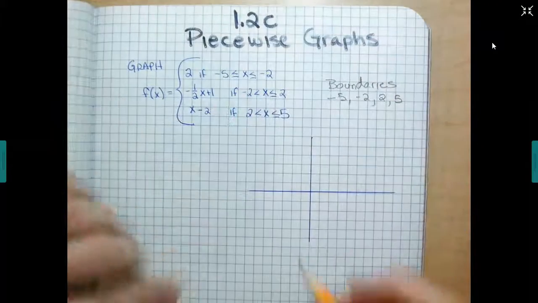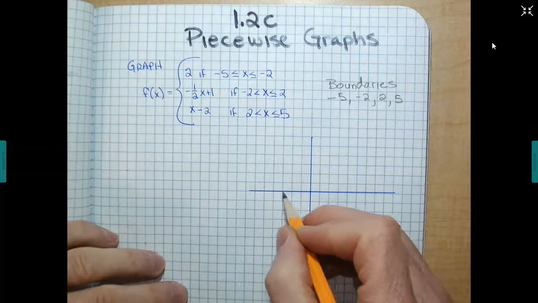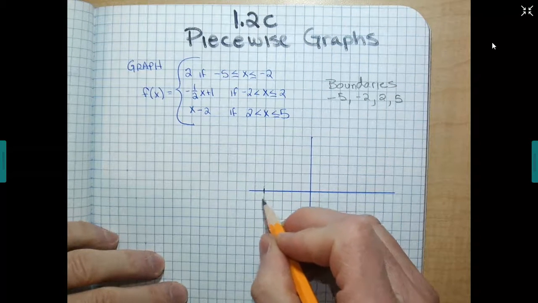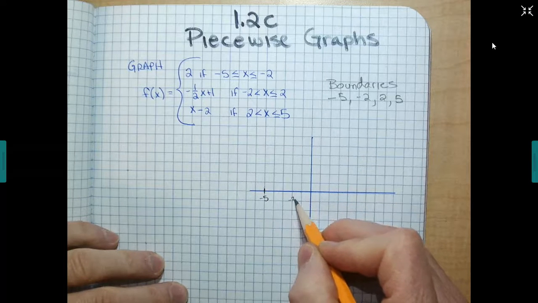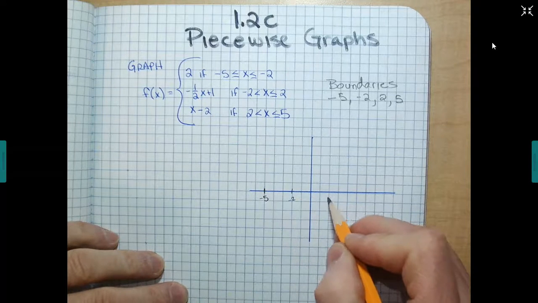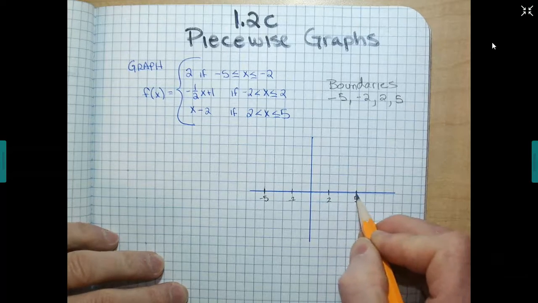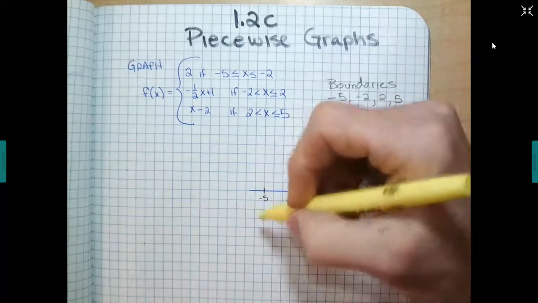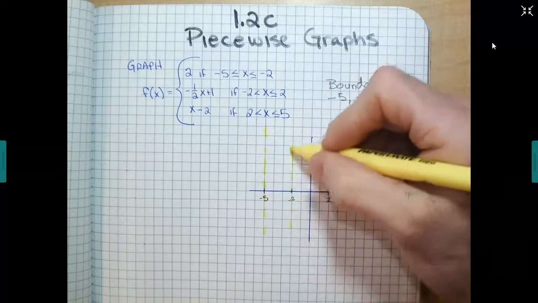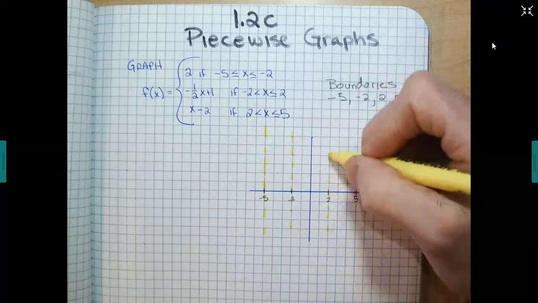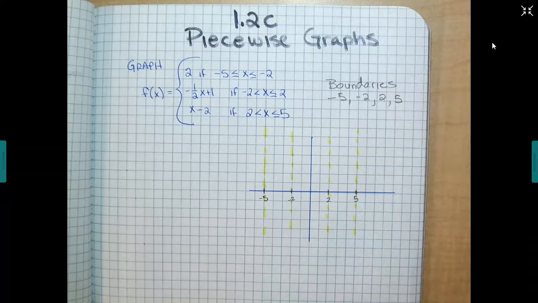So there's -5, there's -2, there's 2, and there's 5. So there's our boundaries. We're using a highlighter because we'll show how the boundaries affect our functions.